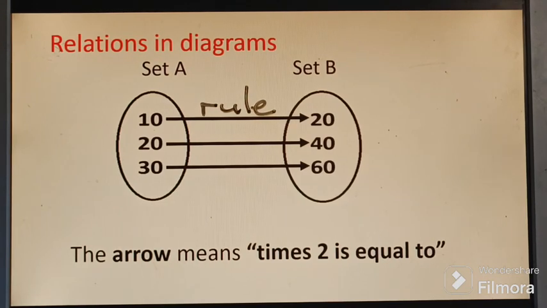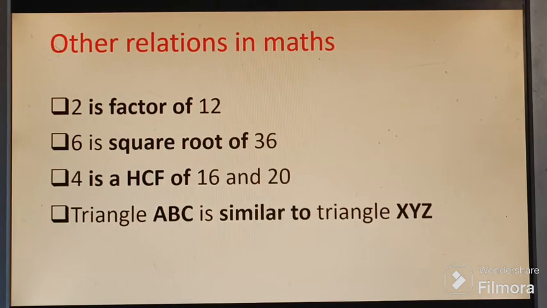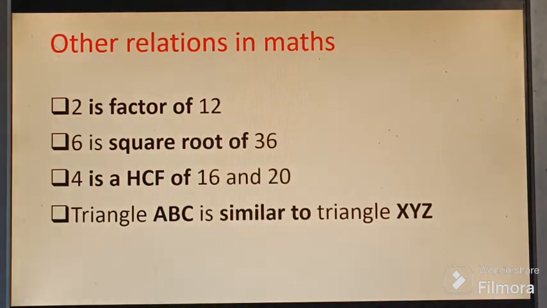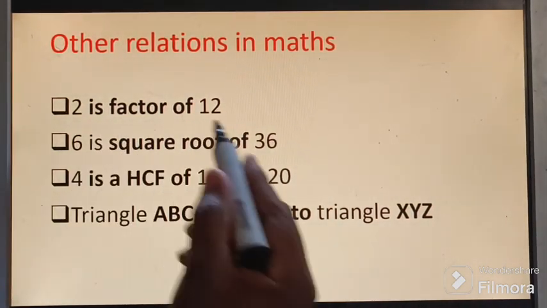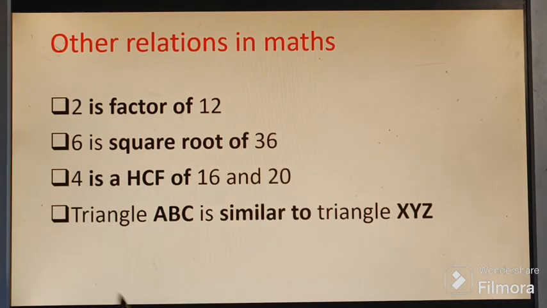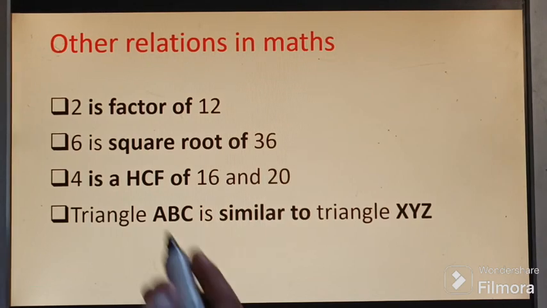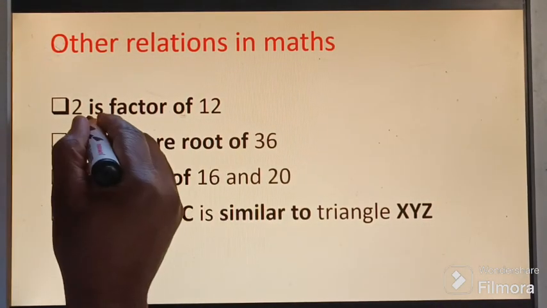Let's look at another example. Other relations in mathematics. For example, 2 is a factor of 12. So remember what factors are. So we're saying 2 is a factor of 12, which is true.